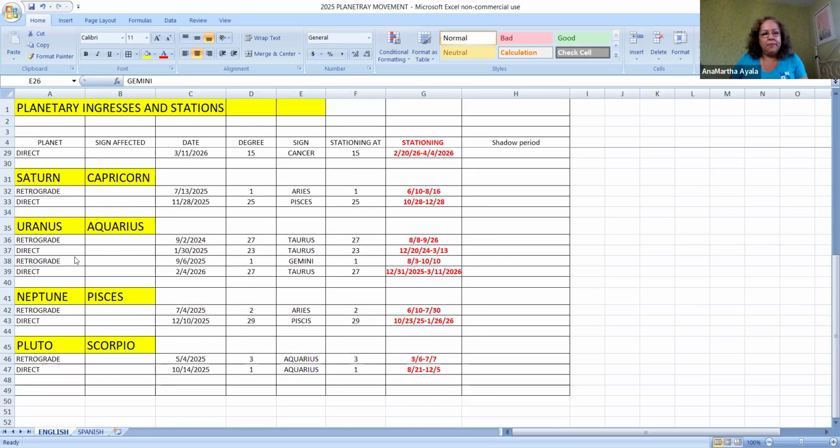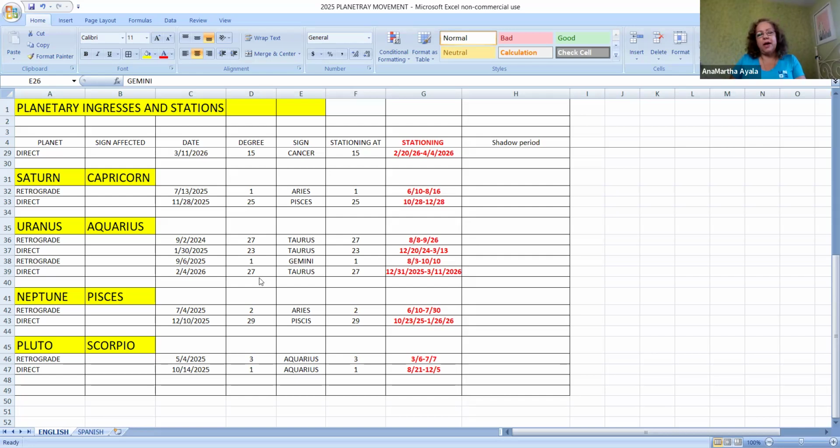Now, when the second retrograde for Uranus goes, it's going to be at 1 degree of Gemini and it will go direct at 27 degrees of Taurus. So even though it's not going to cross Algol again, it's going to be like an honorary hit because it's only 1 degree away.